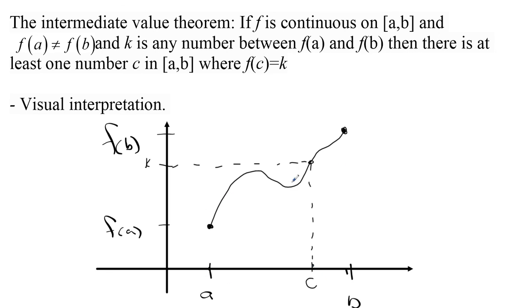So if you have a continuous function from A to B, then any value from f of A to f of B must exist in between there. You can have nothing that is missed as long as that function is continuous.